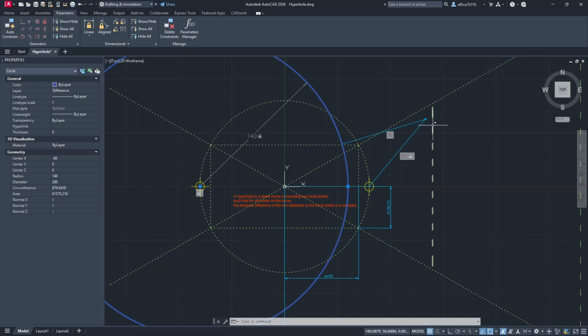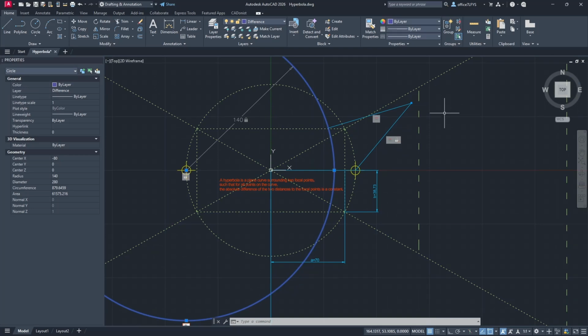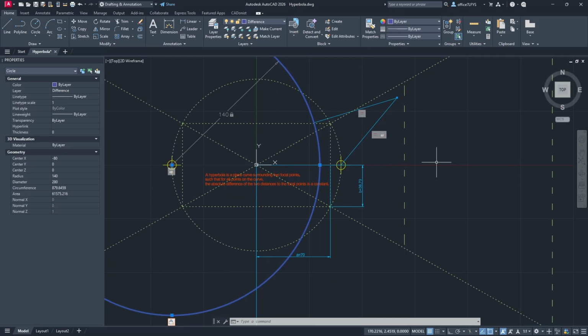Now, just like with the parabola, we need characteristic points for drawing the spline. Again, we'll use the spline command with control vertices. We need 3 control points. How do we find them? I won't go into the math here.